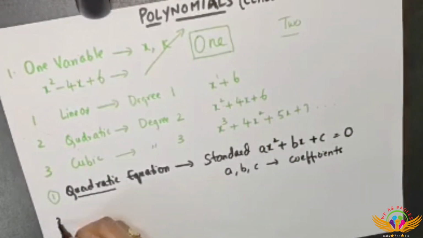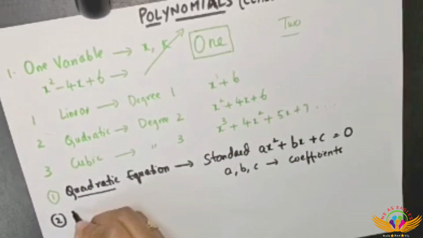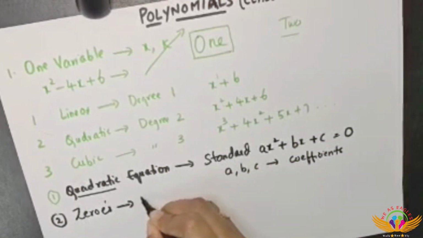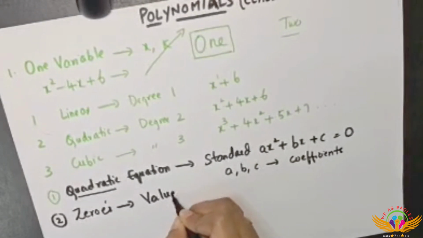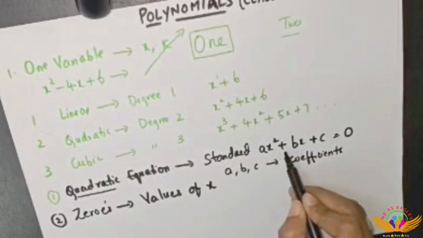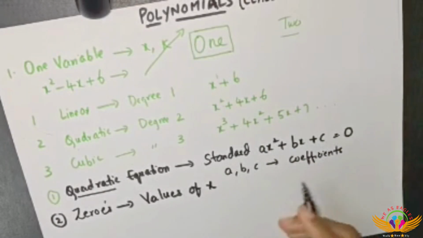The second part we often see in this chapter is to find zeros. What are zeros? Zeros are nothing but the values of x in this quadratic equation. In ax square plus bx plus c, we need to find the value of x. How will you find it?